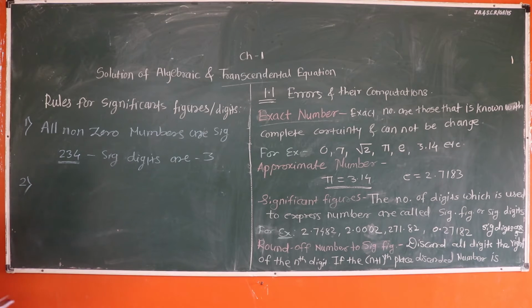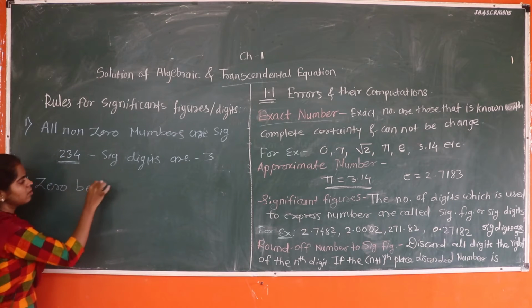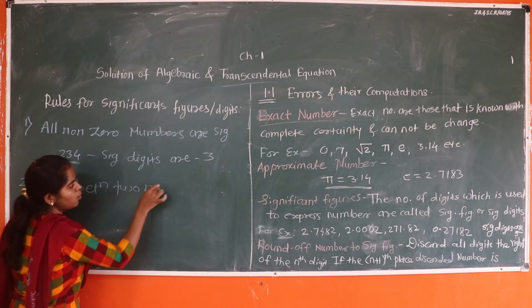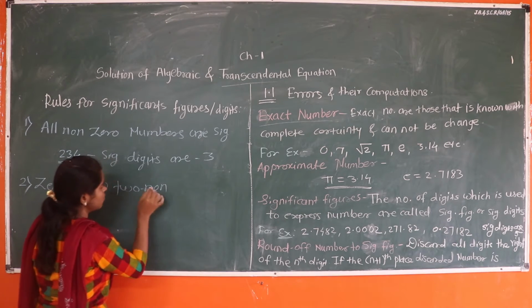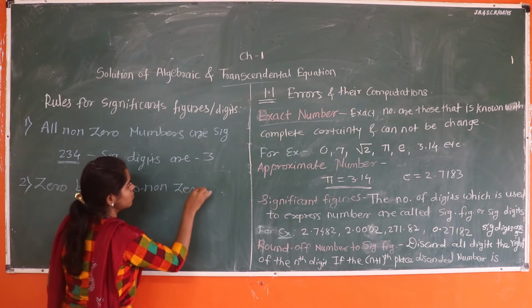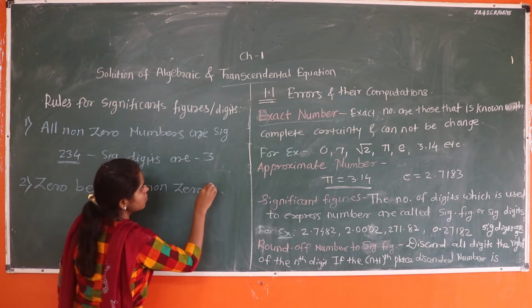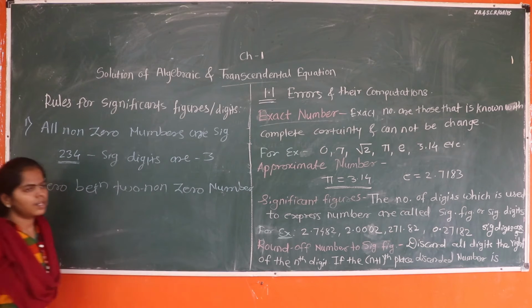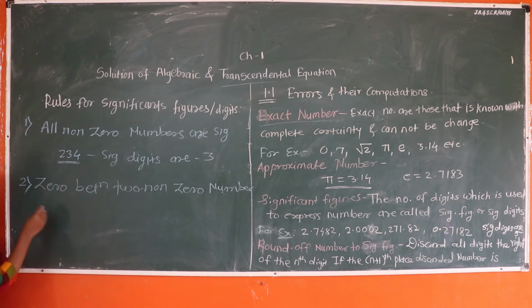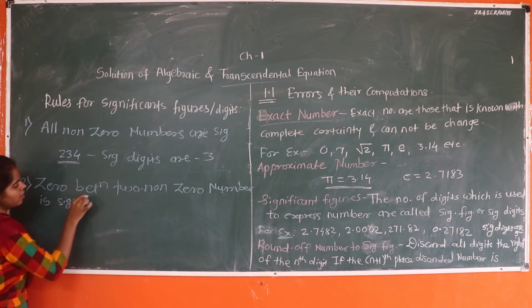Second rule, a 0 between two non-zero numbers is significant.